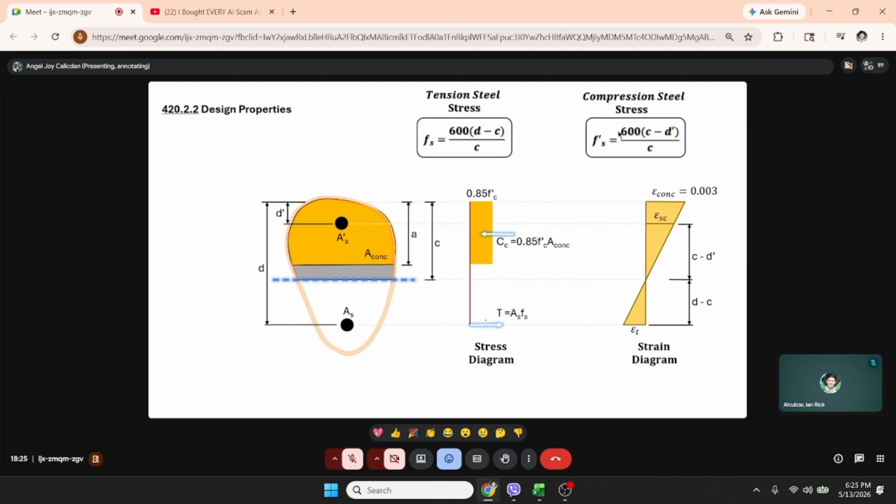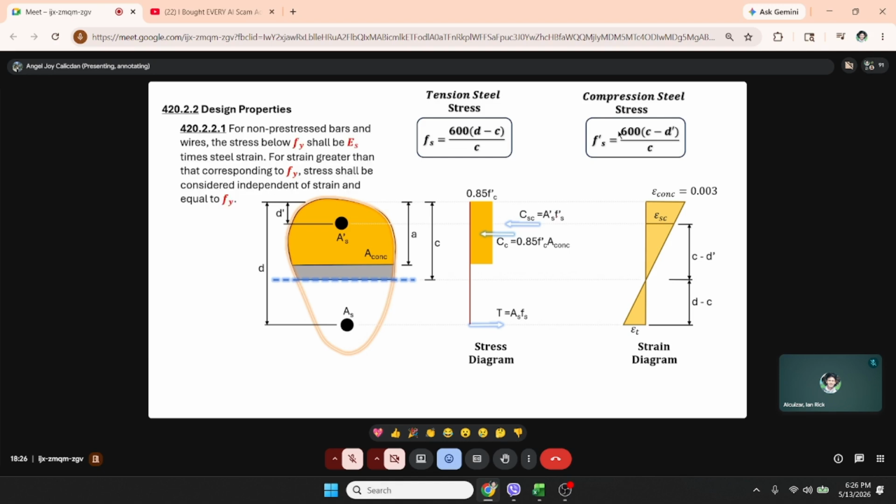We also have the tensile force due to the tensile reinforcement, which is also stress times area: the area of steel reinforcement times the tension steel stress. And we also have the compressive force due to the compressive steel reinforcement, As prime times fs prime.